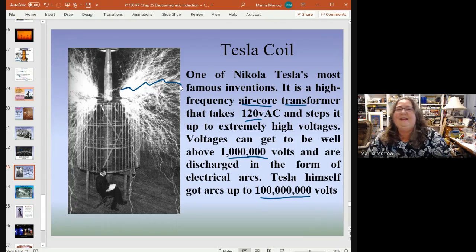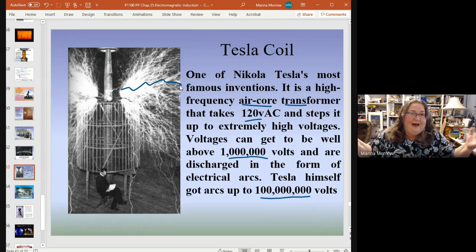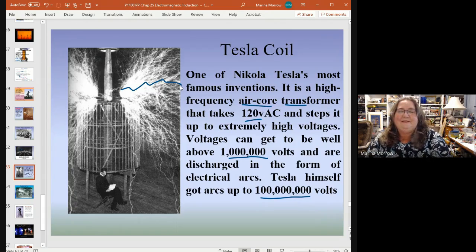And remember that each arc is 30,000 volts per centimeter. So if you have an arc that is 5 meters long, okay, then that is going to be 500 centimeters times 30,000 volts. And you can see you're getting up to some really good numbers there, right?